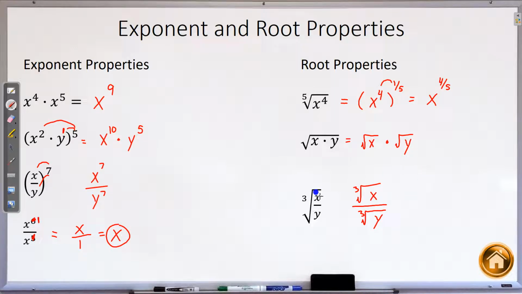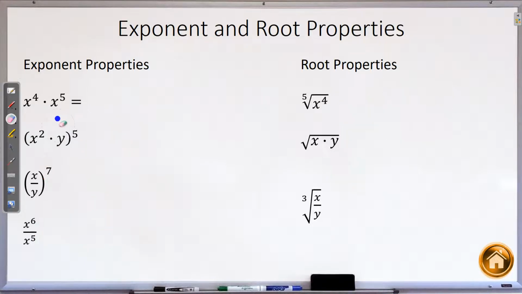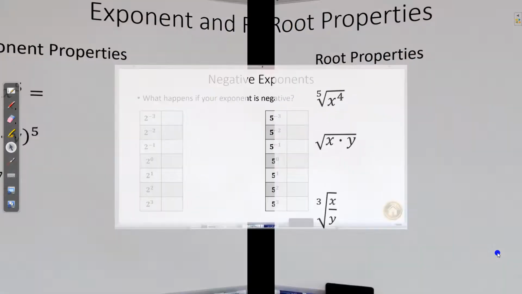So you can split it up into two, and of course you could go vice versa. If you have two roots, you can turn them into one big root. And if you have two roots that are multiplying, you could go backwards and turn them into one square root. So those are just a few properties that we can do with exponents and roots, to refresh your memory.